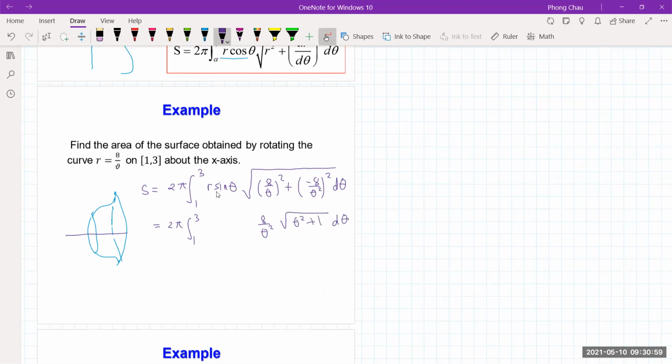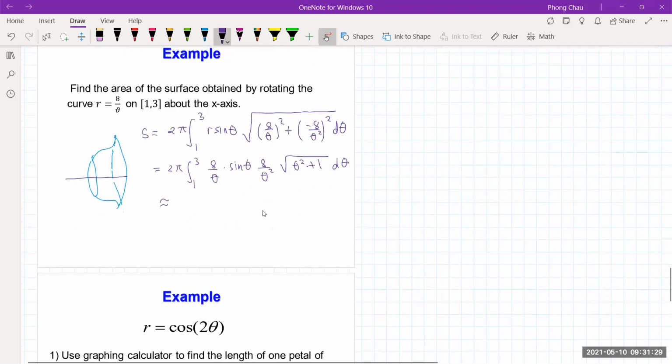Then again, the r is 8 over theta times sine of theta. So I think here's the setup. It's pretty hard to integrate now, with an extra sine of theta, so we're going to use a calculator to approximate the answer, and that will give us the area of the surface.